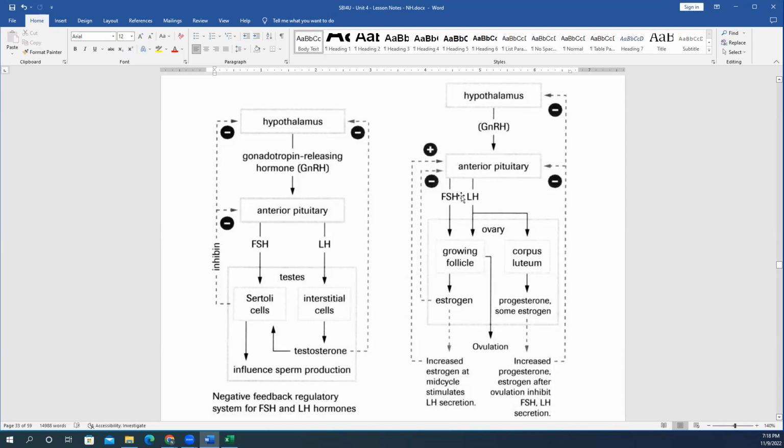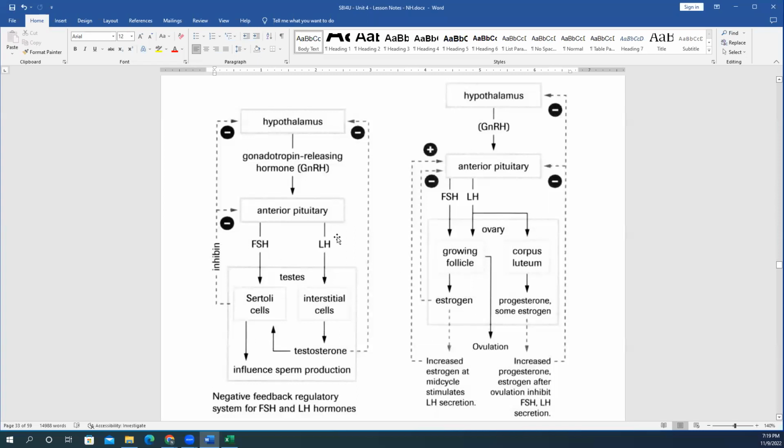So up until this point, it's the same both in males and females. The hypothalamus produces GnRH. GnRH acts on anterior pituitary to produce both of these hormones, FSH and LH, both in males and females.